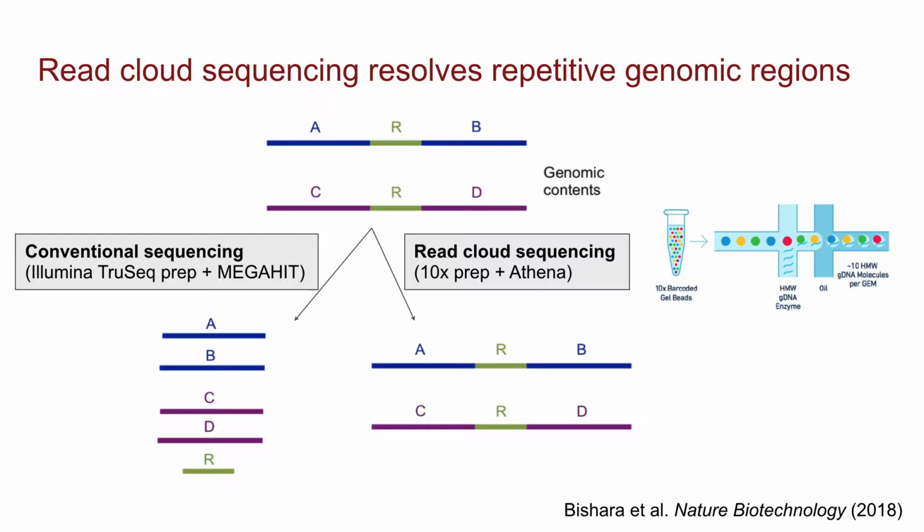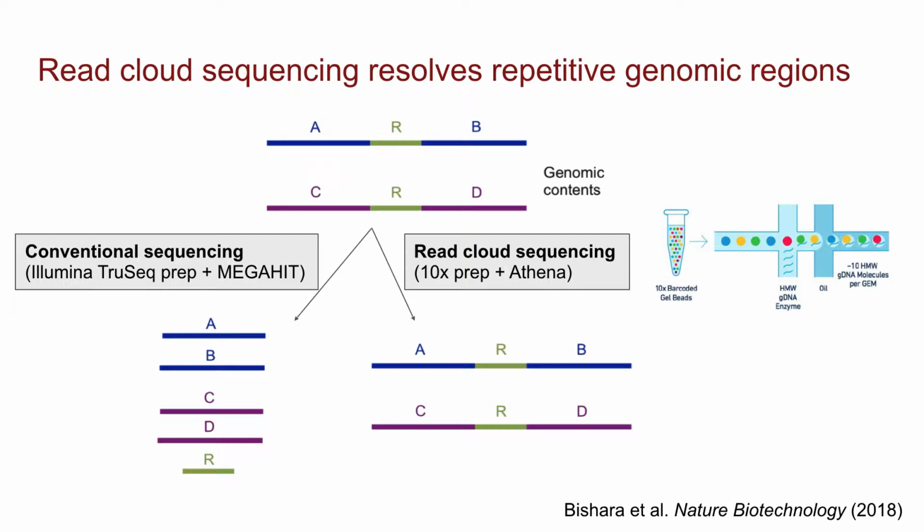If we use conventional sequencing, such as an Illumina TruSeq library preparation and a conventional short-read assembler, such as MegaHit, then we'll be able to get back sequences A, B, C, D, and R, but we won't know whether A goes with D or B, and we won't know whether C goes with D or B, because there's an ambiguity since R is repeated and the sequencing reads are shorter than the length of R.